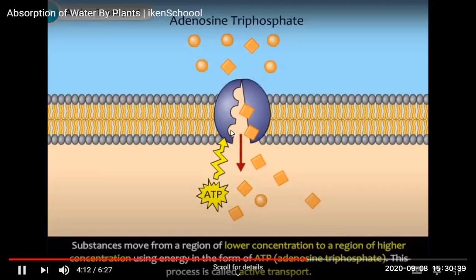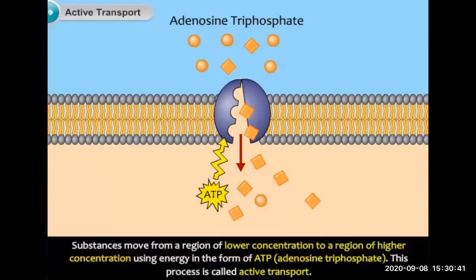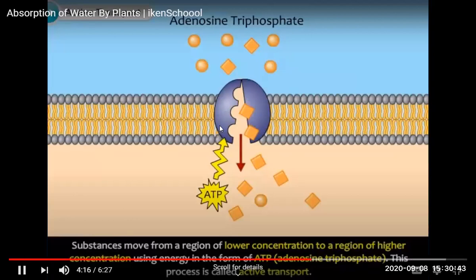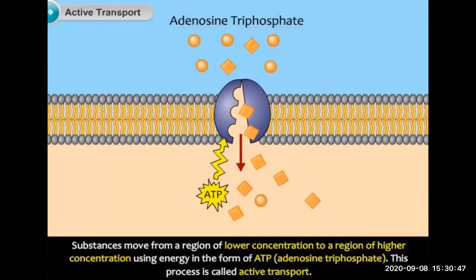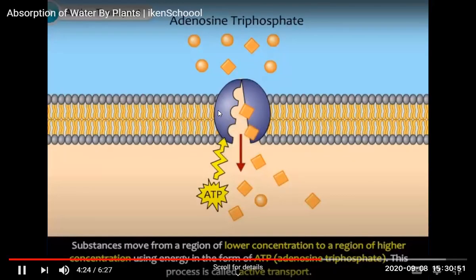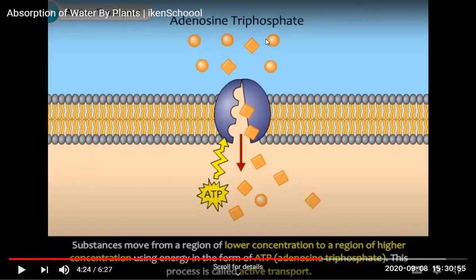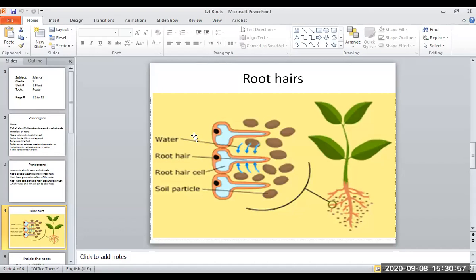Substances move from a region of lower concentration to a region of higher concentration using energy in the form of ATP, adenosine triphosphate.